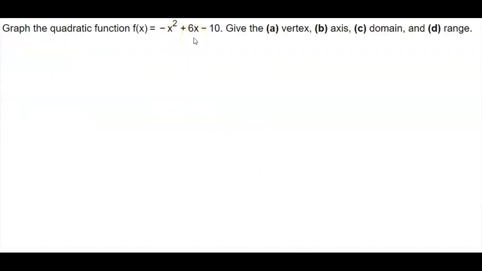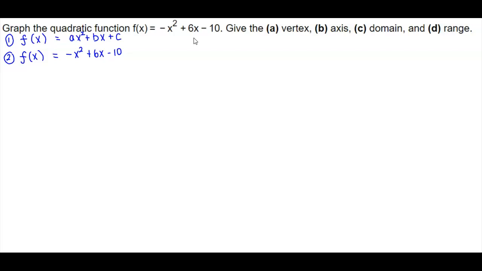First, we know that this function is in the form of f of x equals ax squared plus bx plus c. Our function is f of x equals negative x squared plus 6x minus 10.